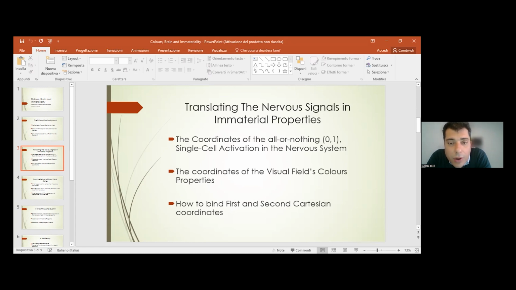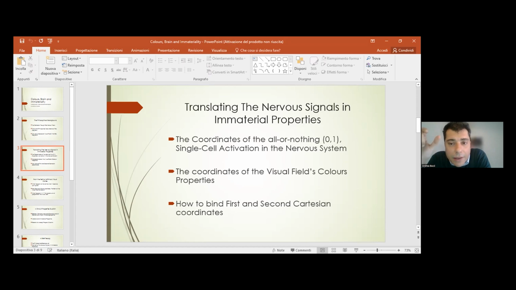and realistic. We have imagined the all-or-nothing single cell activation in the nervous system, which can vary between 0 and 1, and a link with the coordinates of our visual field, color properties, as we see colors out there, the white of an object, and so on, in a three-dimensional axis, as in Cartesian axes.